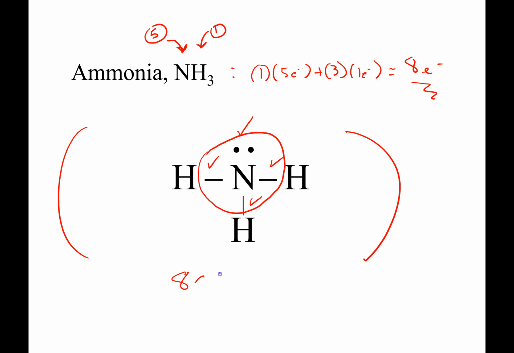So for nitrogen, the group number is 5, so its expected valence is 3. And so number of sigma bonds, 3. Number of pi bonds, none. These are all smiley face checks that we made it right.